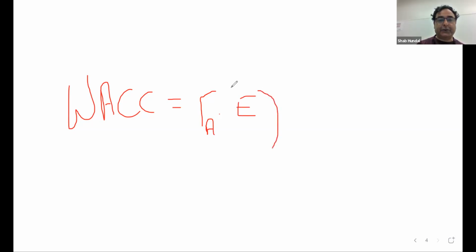And how do you find the weight of equity? You divide the equity by D plus E, the total value of the firm.